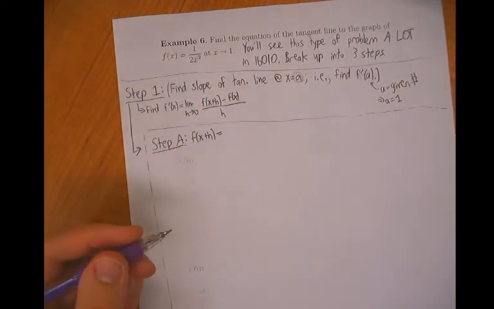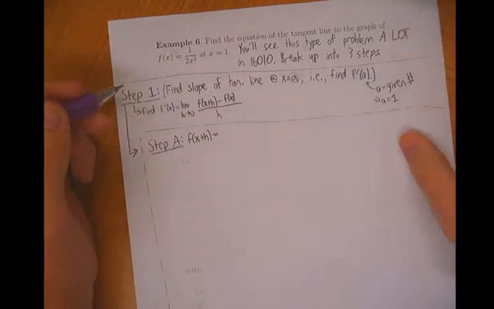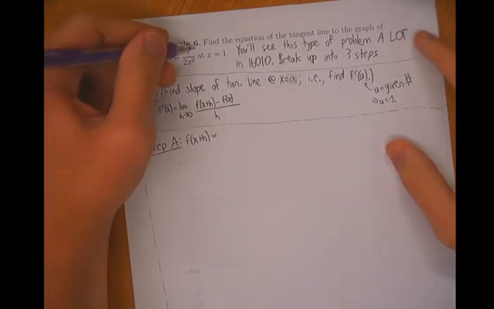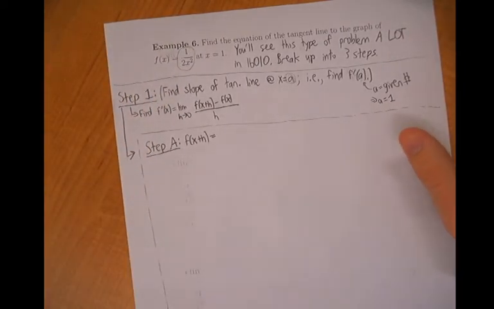So in this case, we already have that f of x is just 1 over 2x squared. So given that, that should tell us that f of x plus h is what?